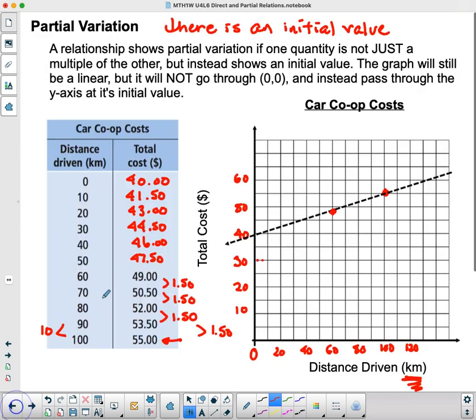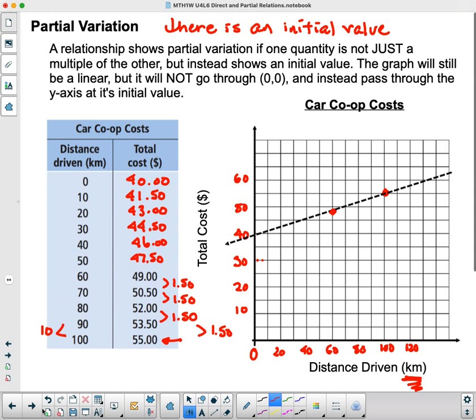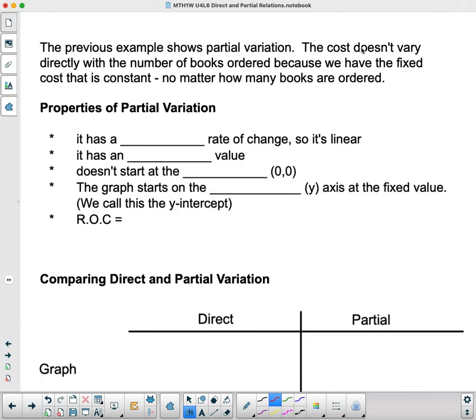Okay, that wasn't books ordered. That was car driving. The cost doesn't vary directly with the number of kilometers because we have a fixed cost that is constant no matter how many kilometers are driven.